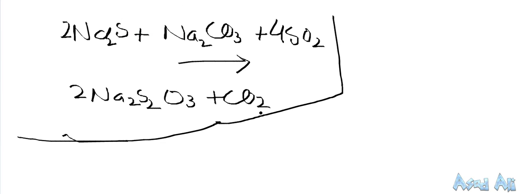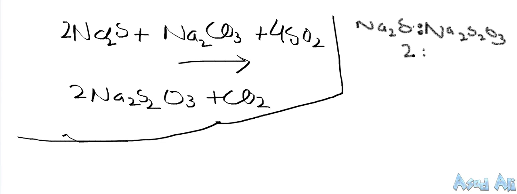Now we will compare the number of moles of Na2S with sodium thiosulfate. We have to find out the limiting reagent that will limit the formation of thiosulfate, Na2S2O3. The ratio to each other is 1:1.